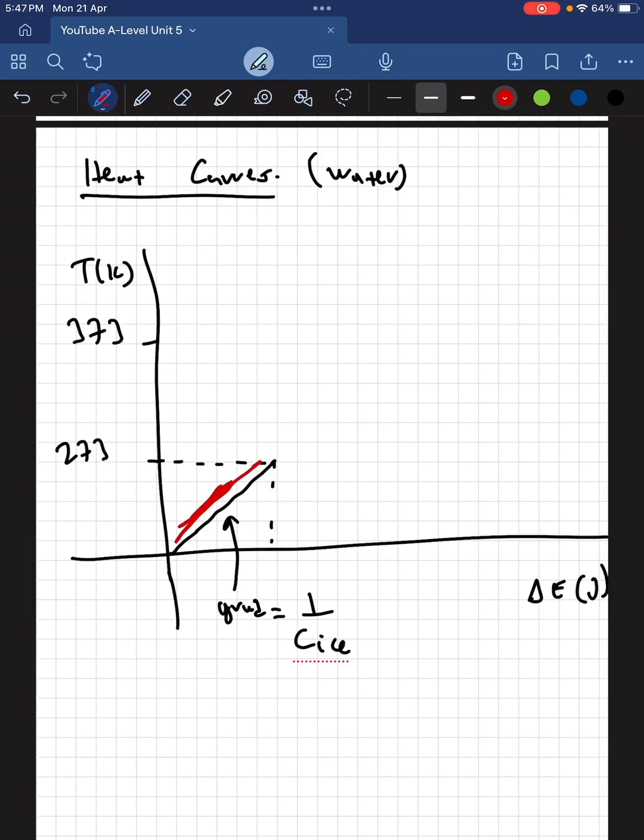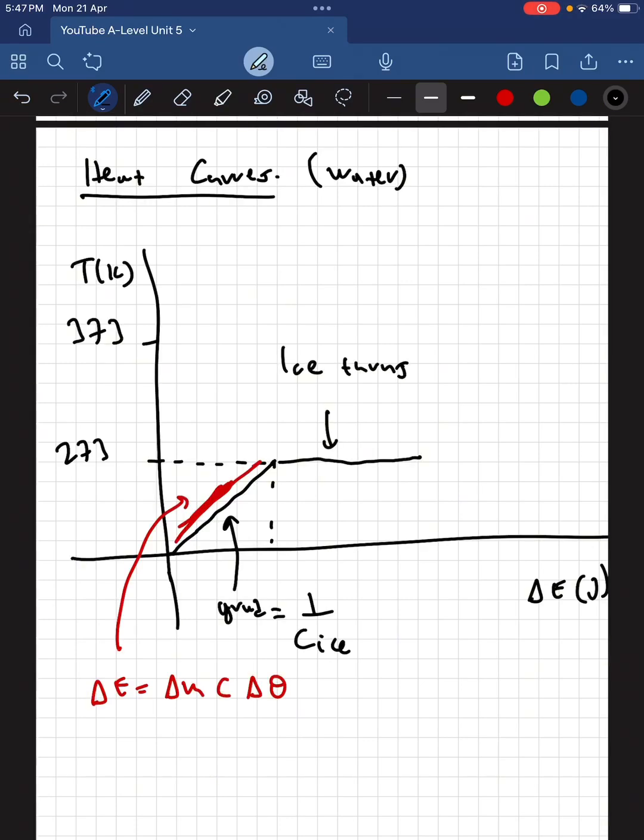Okay. So in this region we have delta E is equal to delta M C times delta theta. Okay. But then this flats out. So this is the area where ice turns to water. So here we apply delta E is delta M times L. Okay. If we keep providing energy, the temperature of the water will start rising again. Okay.